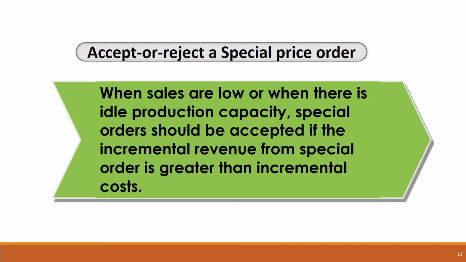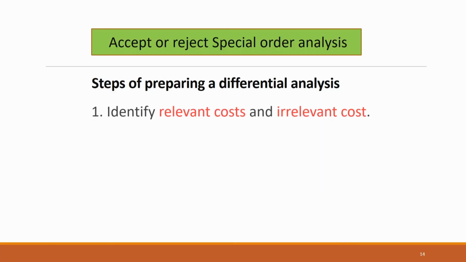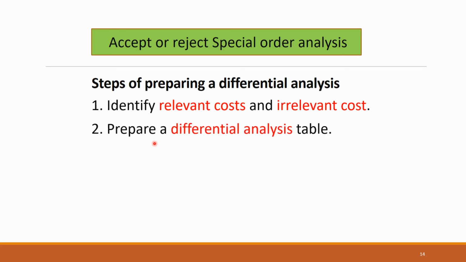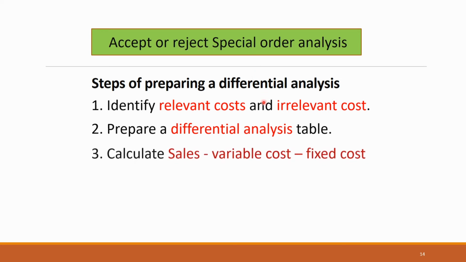Okay, there are a few steps of preparing a differential analysis. Number 1, identify relevant costs and irrelevant costs. Number 2, we have to prepare a differential analysis table. We have to compare, accept or reject special order. Number 3, we have to calculate net profit, so sales less variable cost, and we get the contribution margin.